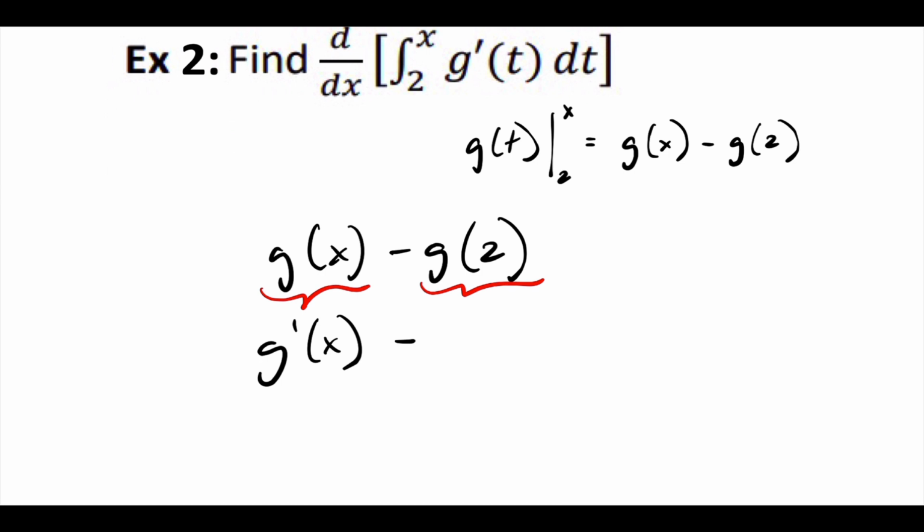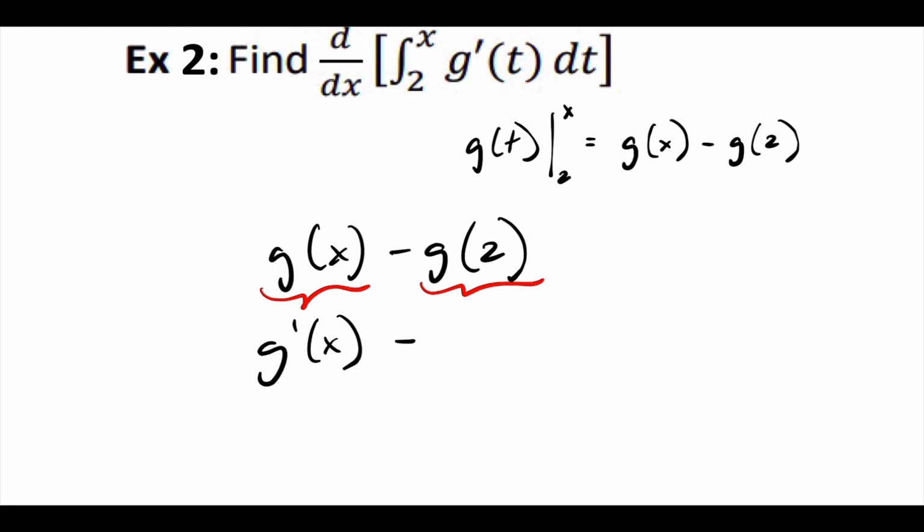What's the derivative of g of 2? Not g prime of 2, no. I mean, it could be, you could definitely write it like that, but we can simplify it even further.